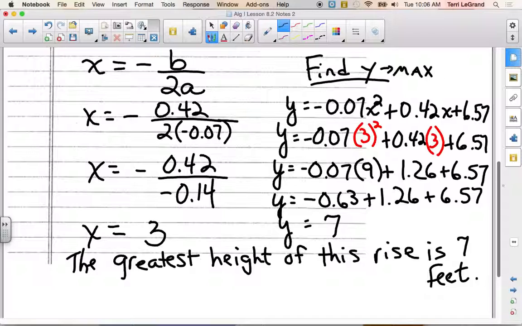That's not very high, is it? This must be a child roller coaster. 7 feet, you know, you've got people who are that tall.